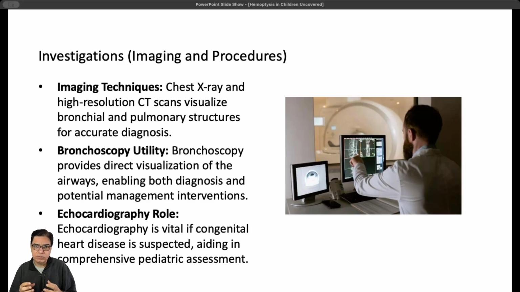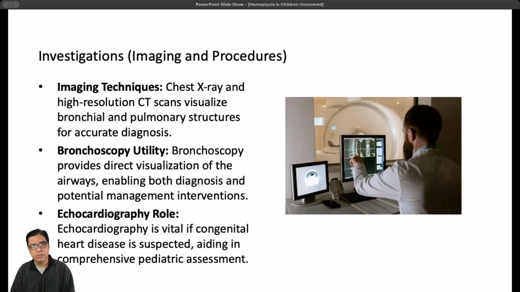Similarly, if you are thinking that there might be something wrong with the cardiovascular system, then you might have to do an echo to see if there are increased pressures on the right side of the heart, whether there is any leakage around the valves, and so on and so forth. So imaging techniques starting from chest x-ray, high resolution spiral CT of the chest, and then if needed, echocardiography to rule out heart problems which can present with hemoptysis, depending on the clinical presentation.